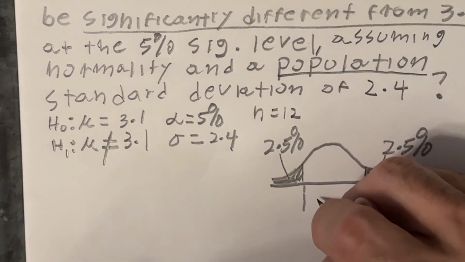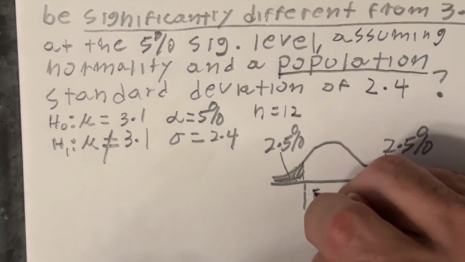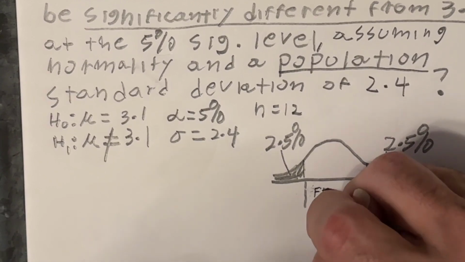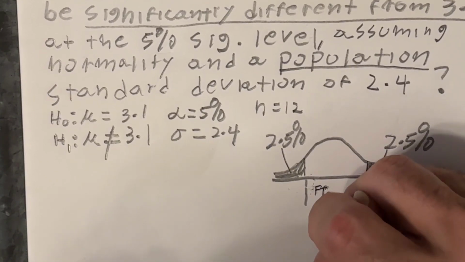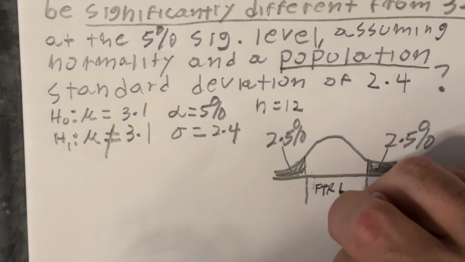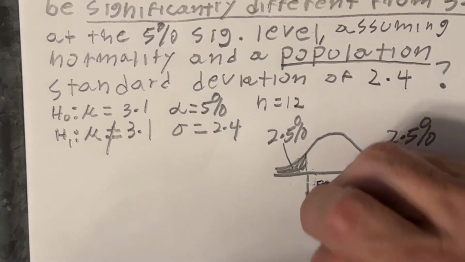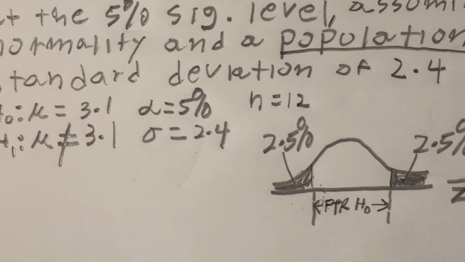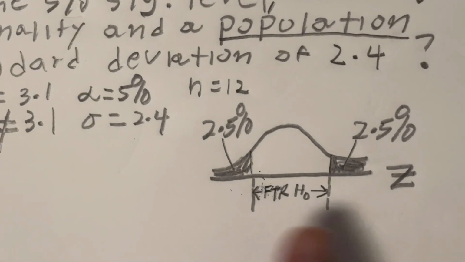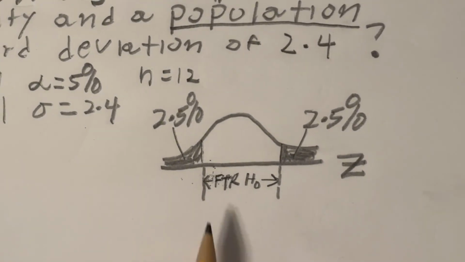This region over here is where we fail. I'm going to write FTR, fail to reject the null hypothesis. So I'm going to put little arrows here. So this little area here is where you fail to reject the null hypothesis.